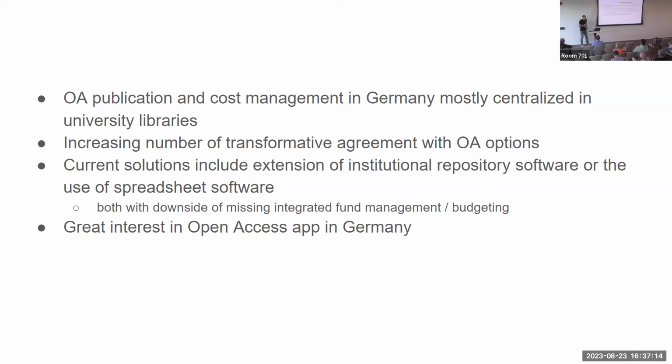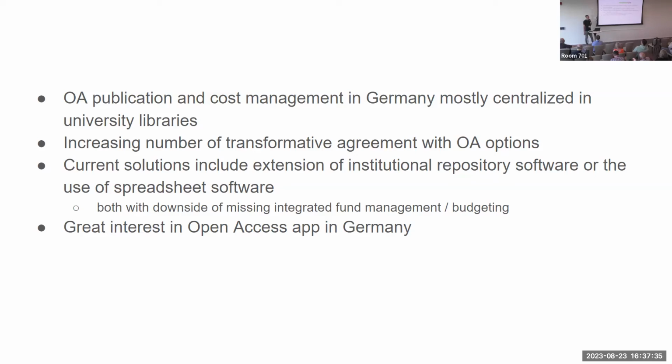As already said, in Germany, the management of OA publication and costs is mostly centralized in university libraries, and there's an increasing number of transformative agreements with OA options and OA agreements in general.